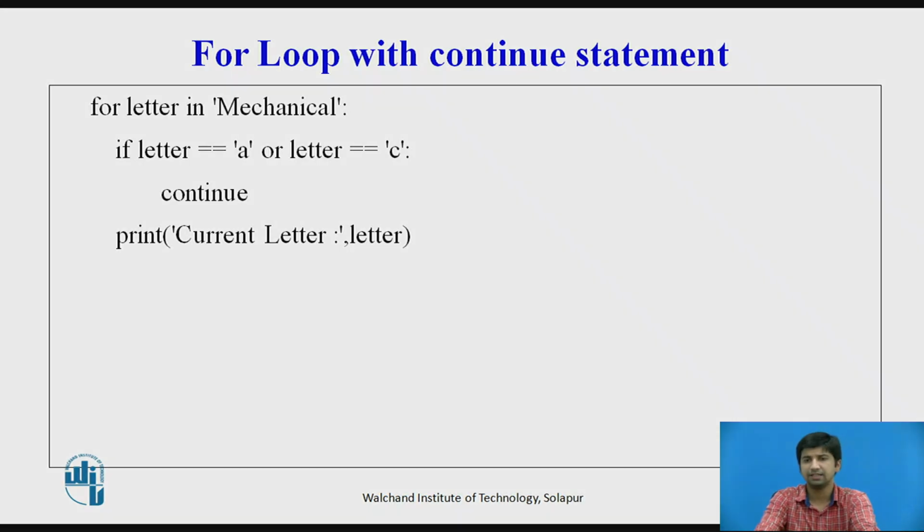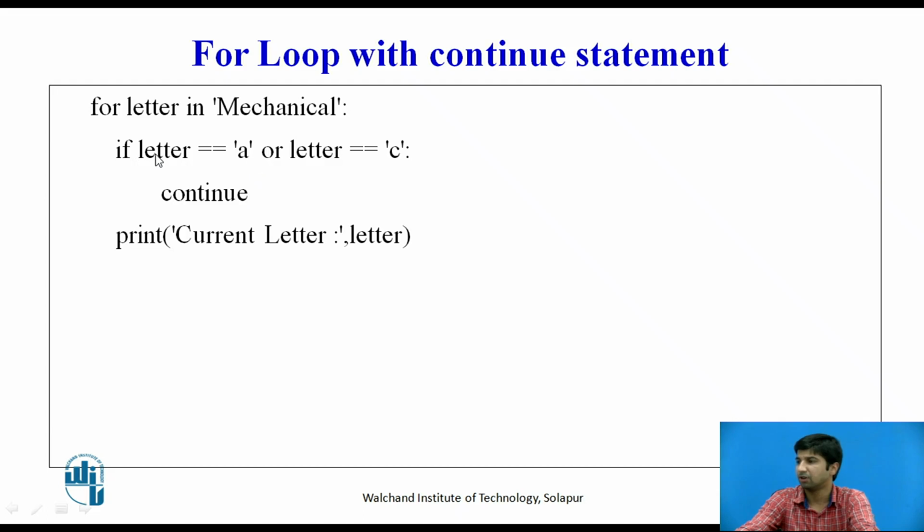Now let us check how to use the continue statement with for loop. The continue statement is used for skipping a particular iteration and going back to the main loop. For letter in MECHANICAL, if letter equal to A or letter equal to C, continue.